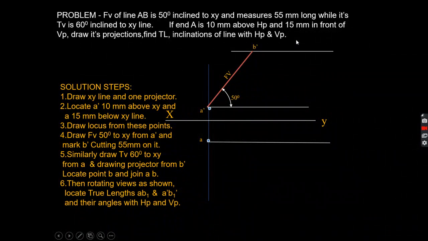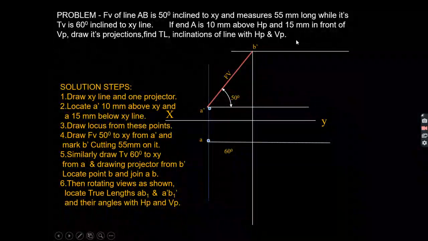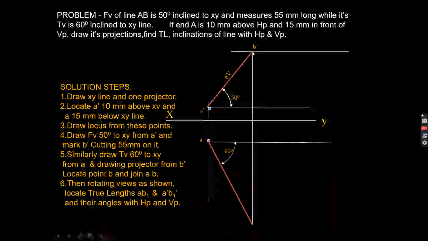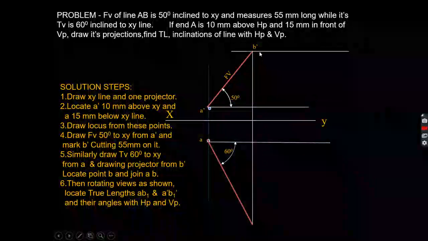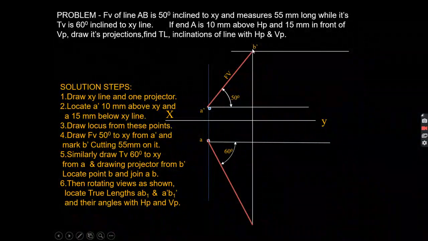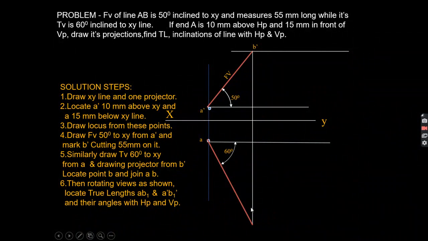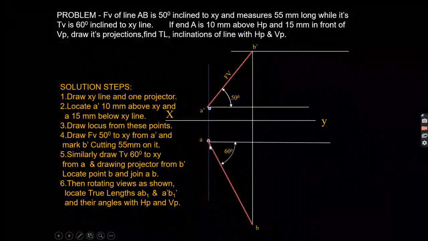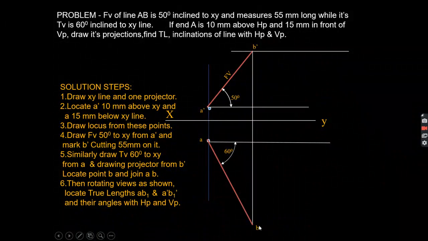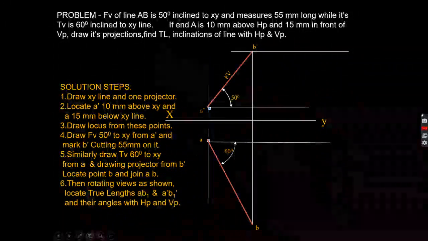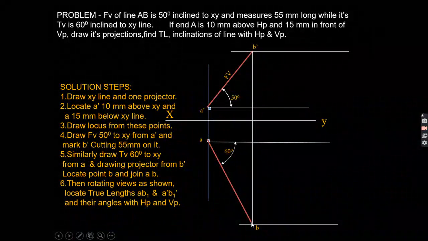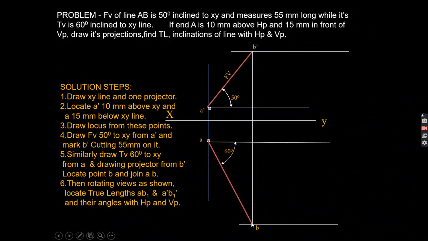Then I will draw a line at 60 degree, okay, and that will cut this projector that is drawn from the B dash. Then I will get the point B. So this is your top view of a line AB, that is small a and small b. Okay, so this is your front view and top view that we have got.